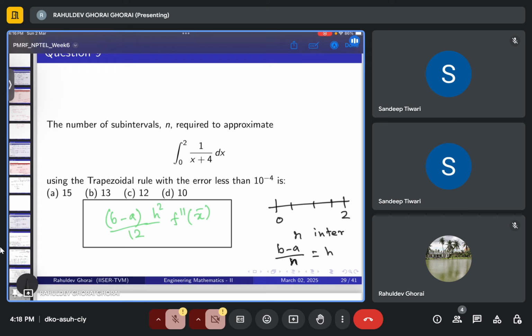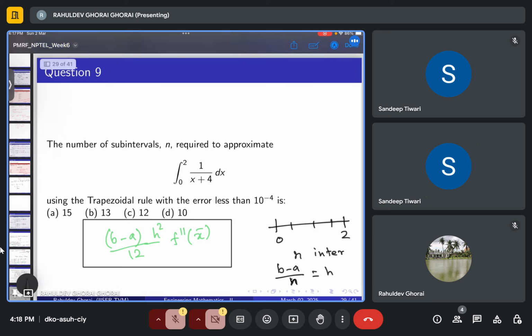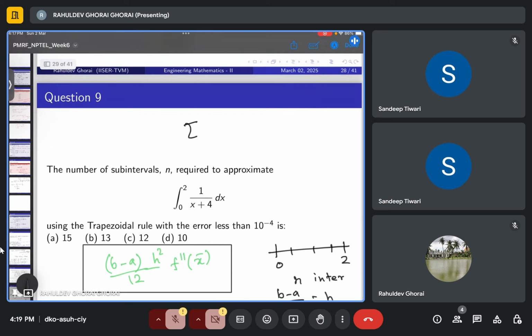If you know only 2 points, you know b minus a times 1 by 2 times f of a plus f of b. If you know 3 points, then it will increase little by little. So mainly the trapezoid will give you the summation of i equal to 1 to n of f of x i minus 1 plus f of x i over 2 times del x i.